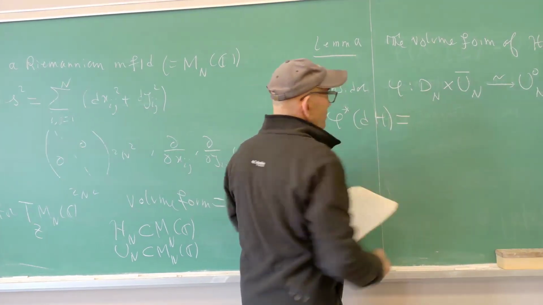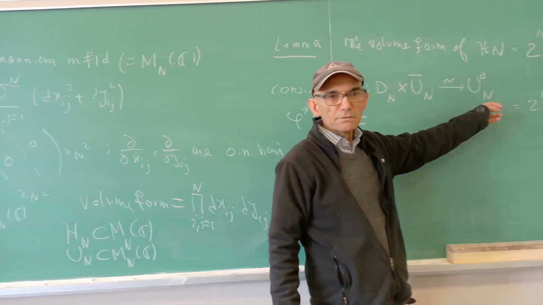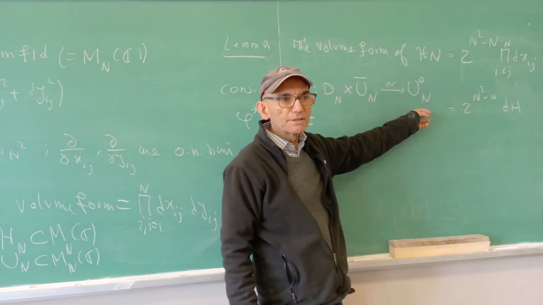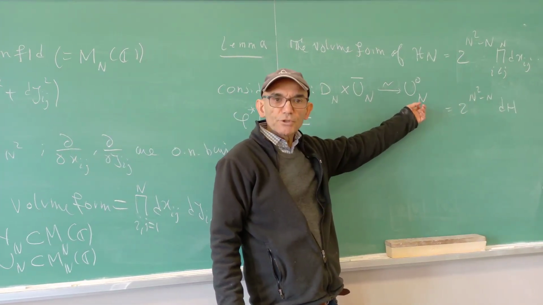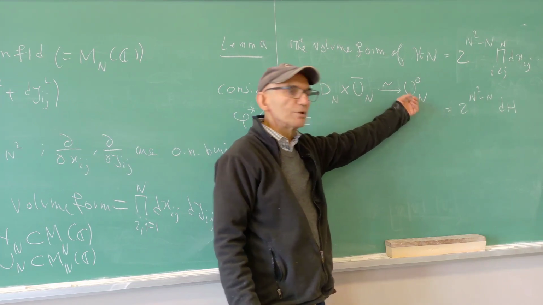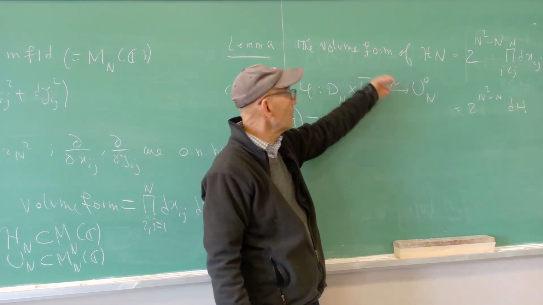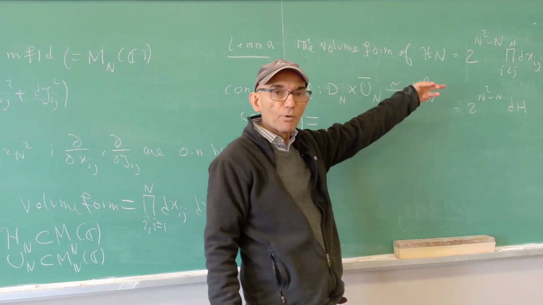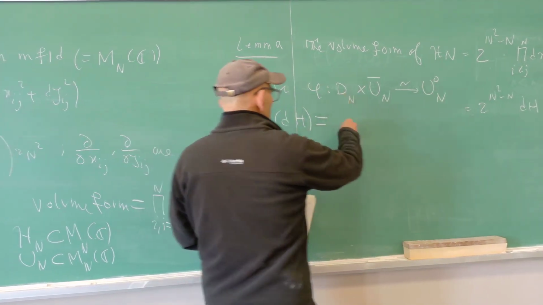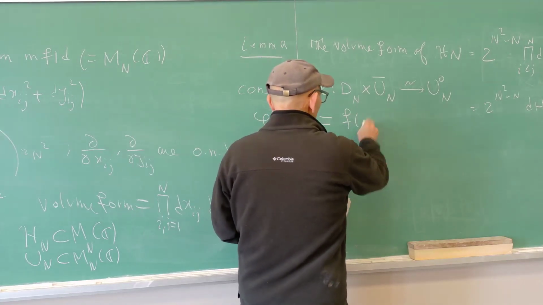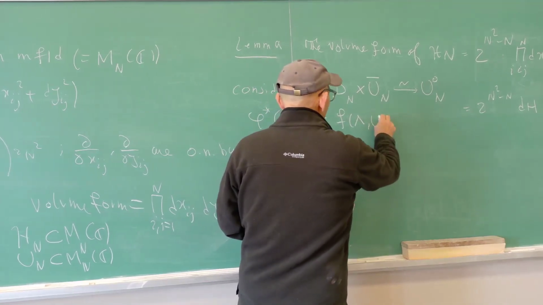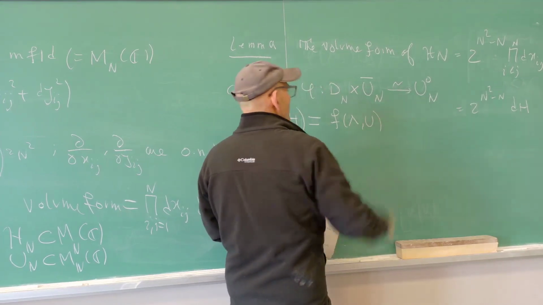So this is a top form here, right, on this space. To compute the Jacobian of the map, I have to pull this back and then express this top form in terms of the standard top form here. So this is equal to some function f of lambda and u, right?